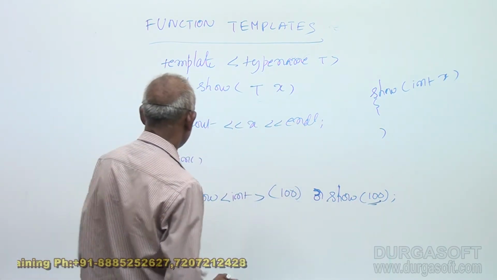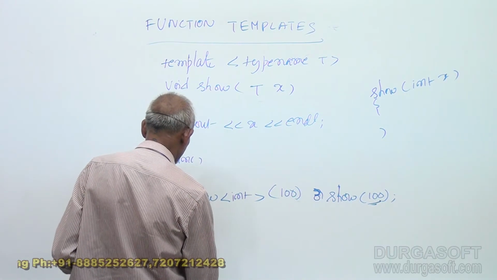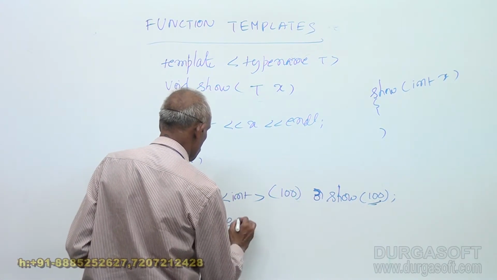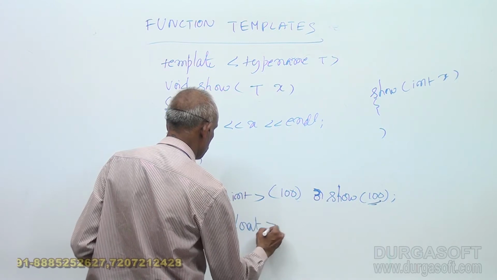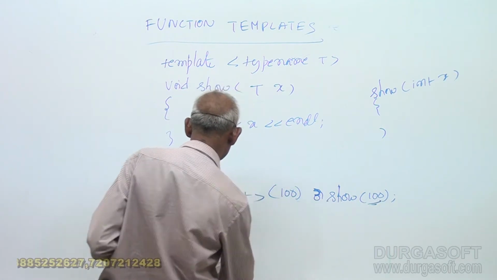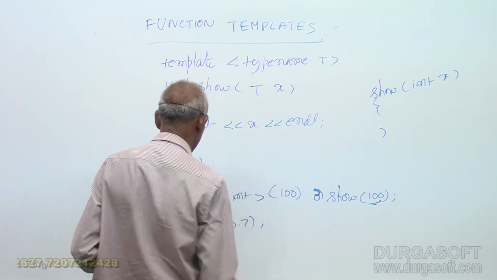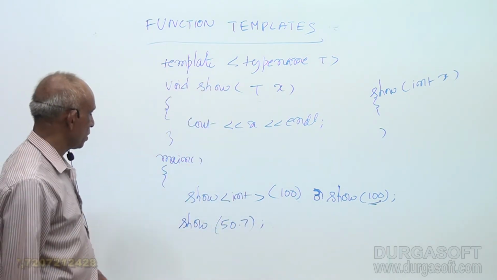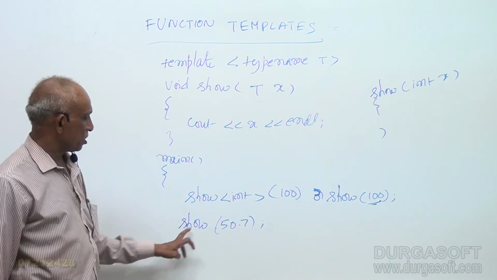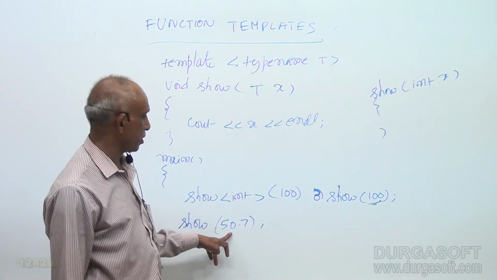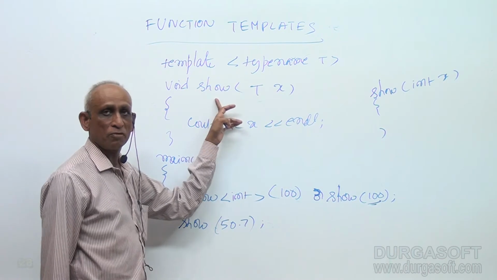Now it is a template function, so I can have float also. show<float> or simply show(50.7). If I say show(50.7), then what happens? This function is called with a float parameter. So float version of the template function is invoked.